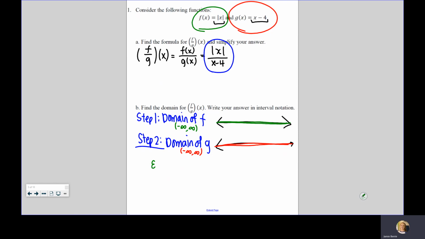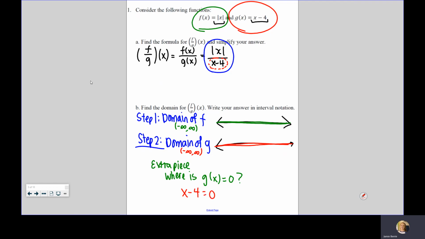So we have this little extra piece where we need to find what makes g of x equal to 0, because that's our denominator now, and we do not want to divide by 0. So we've got to figure out what's going to make our new denominator equal 0. So we're just going to do x minus 4 equals 0.